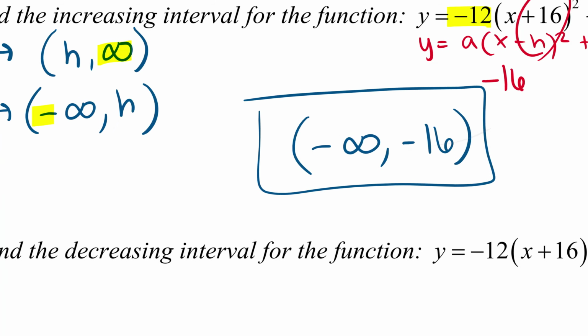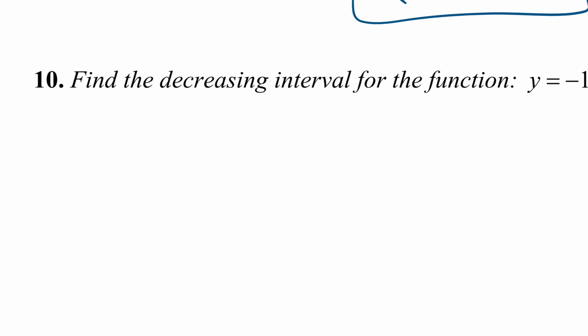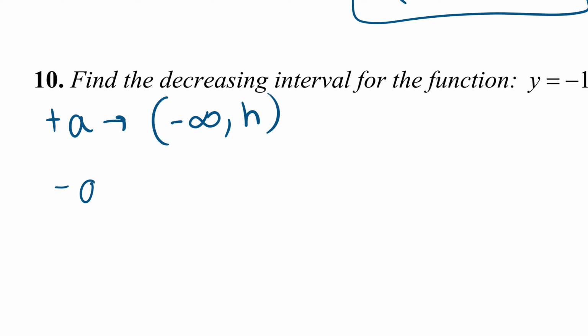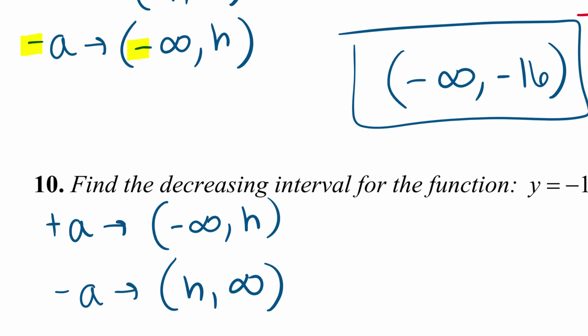Okay? And then, of course, decreasing is just the opposite. So if I have a positive a, my decreasing is going to be negative infinity to h. And if I have a negative a, my decreasing is going to be h to positive infinity. Now, I know my little thing that I said a minute ago doesn't match up, but it's not supposed to.